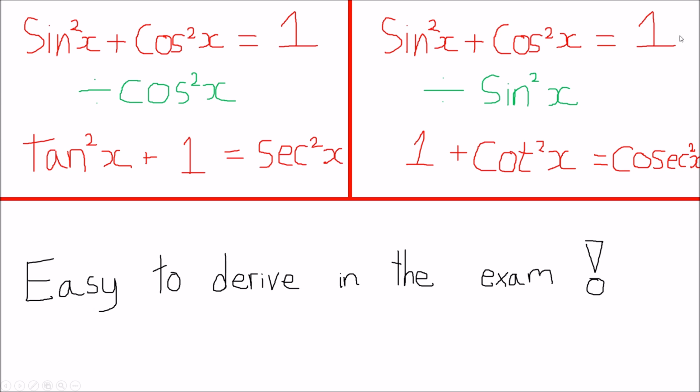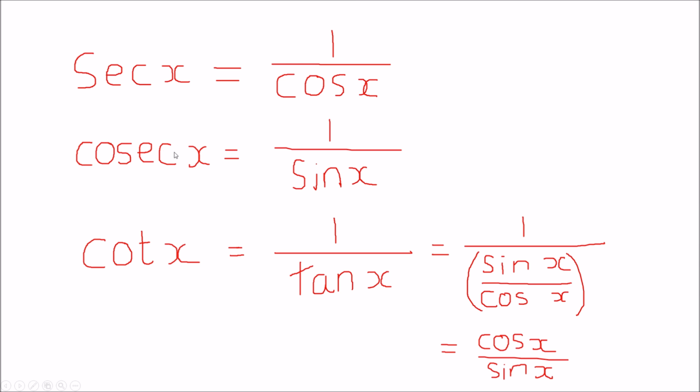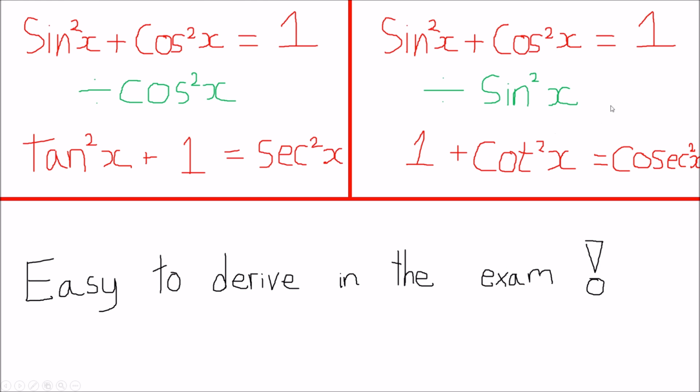And 1 over sin squared x: we know that 1 over sin gives us cosec, so 1 over sin squared x gives cosec squared x. These are quite easy to derive in the exam. All you need to know is that once you have the basic equation from C2, you can just divide by cos squared x or sin squared x, and it will give you the other two identities.